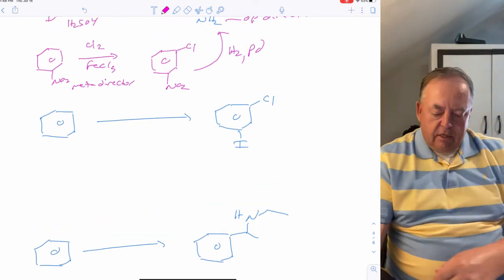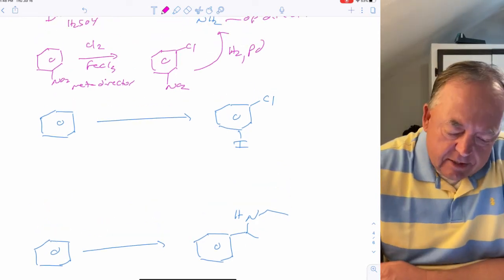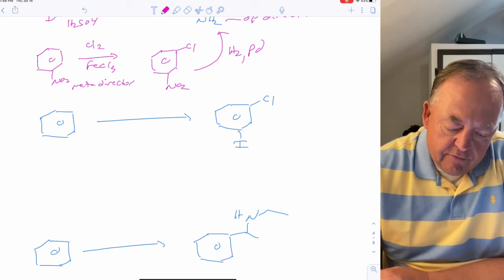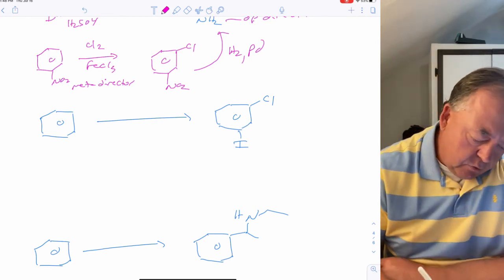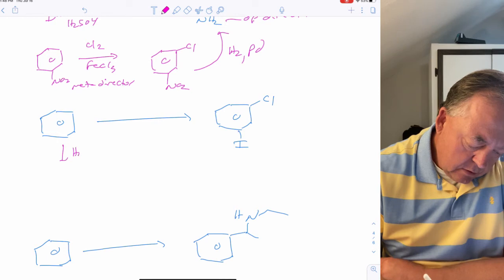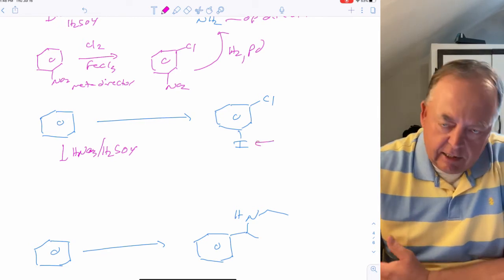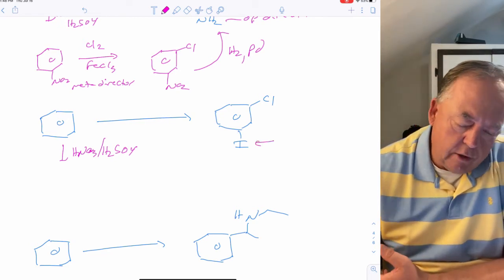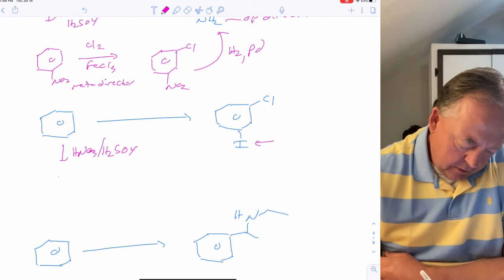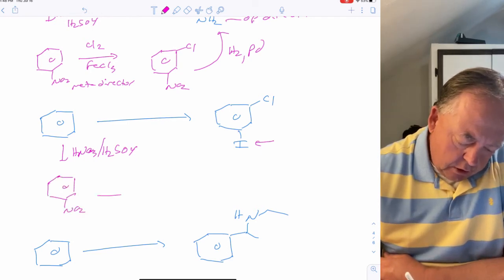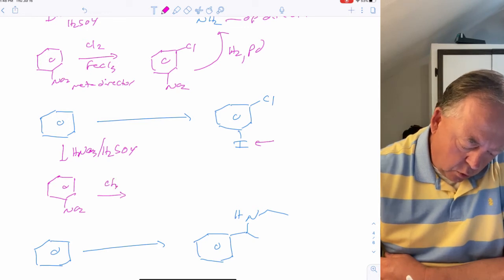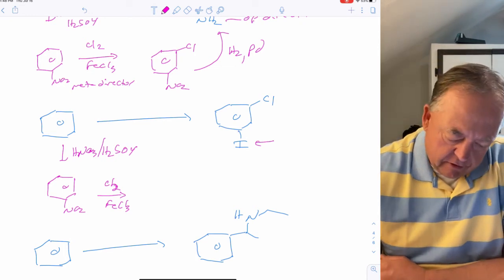Okay, if you wanted to make this meta-chloroiodobenzene, same issue as you have 2 OP directors. You want to get them meta to each other. So here we're going to use the diazonium again. But you know that's the only way to get the iodine on the ring anyway, so that's a clue that you needed to do a diazonium at some point. So put the nitro on the ring and then put the chlorine on, to utilize the meta-directing property of the nitro.